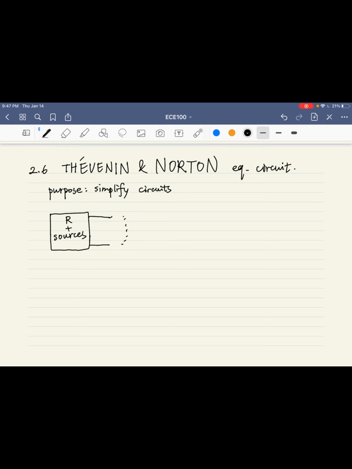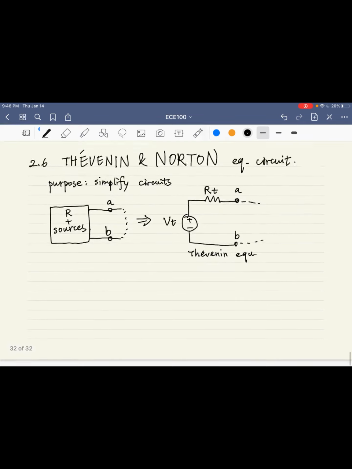And then we name the two terminals here as A and B. And Thevenin found a way to represent the black box as an independent voltage source in series with an equivalent RT. We don't know what is on the right half side, but we just focus on the performance on the left of the terminals A and B. So the new drawing is called the Thevenin equivalent circuit.